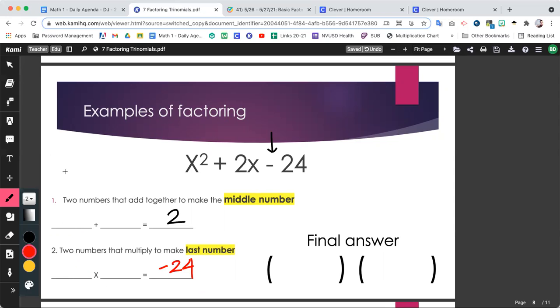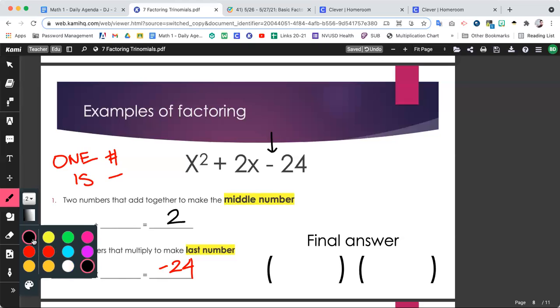Okay, if they're both negative, when we multiply them together, what happens? It becomes positive. So one number is negative. Okay. So again, when the last number is negative, that means one of these blank spots is going to be a negative number, only one.